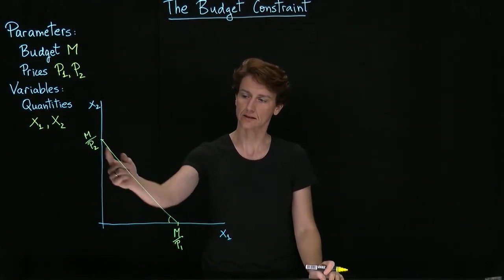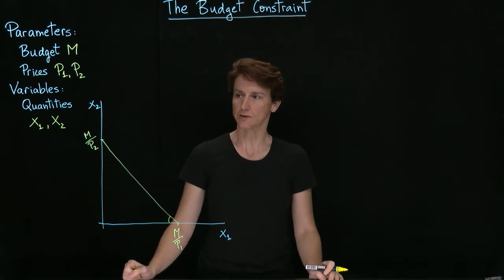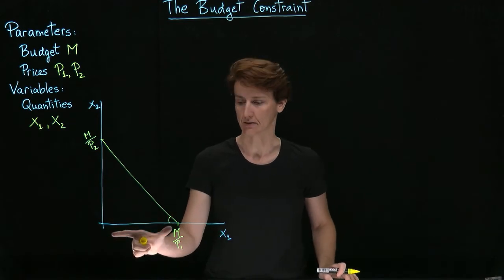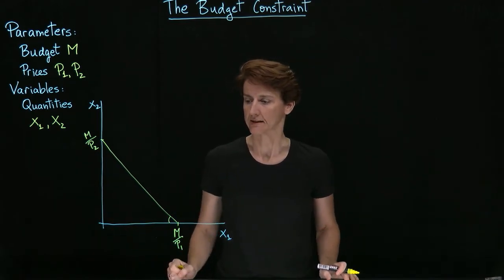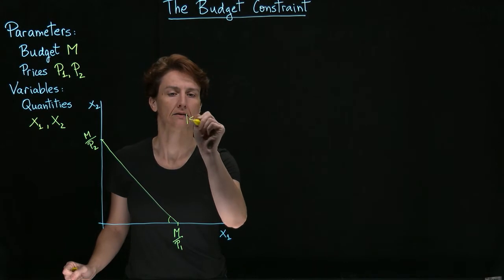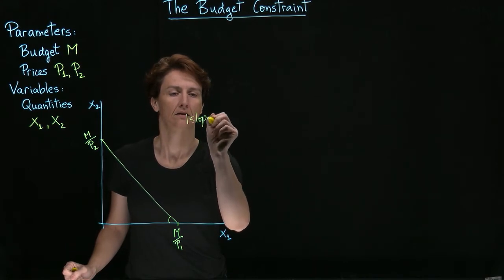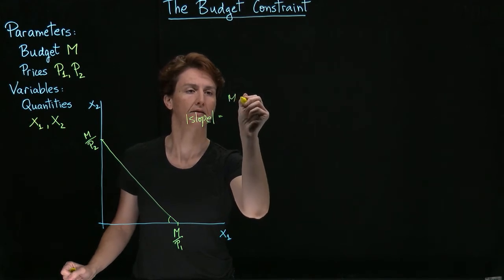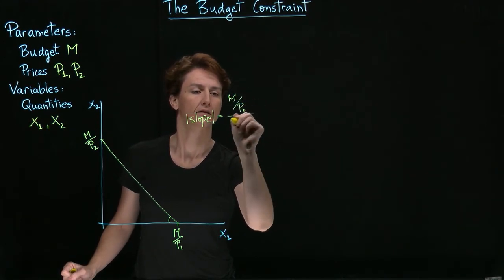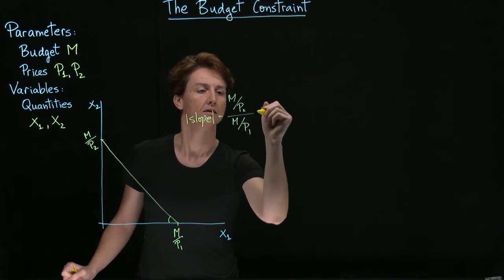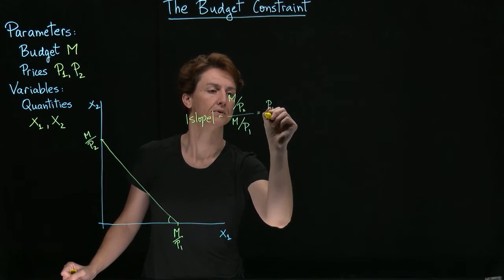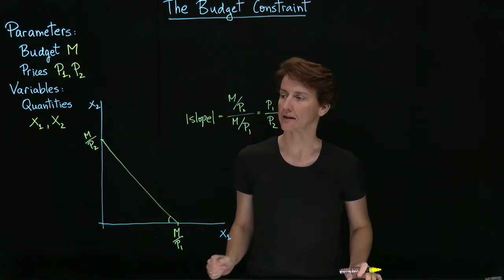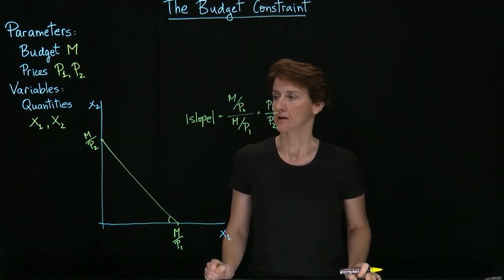One way to calculate it is to divide the rise, m over p2, by the run, m over p1. And this will allow us to obtain the absolute value for slope as p1 over p2.